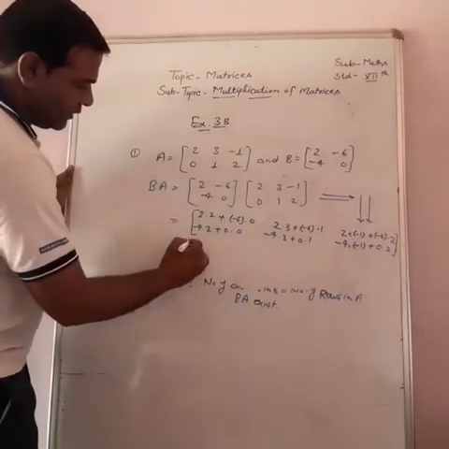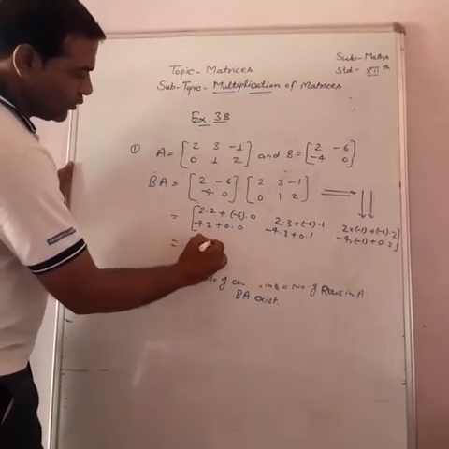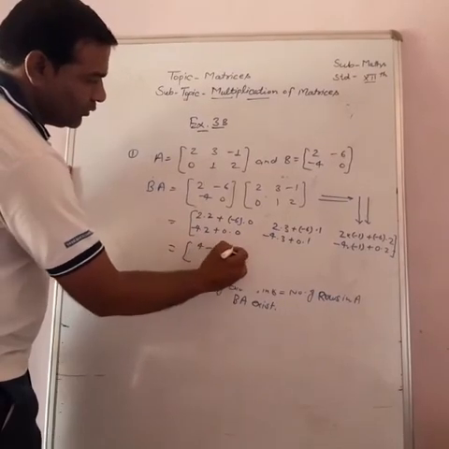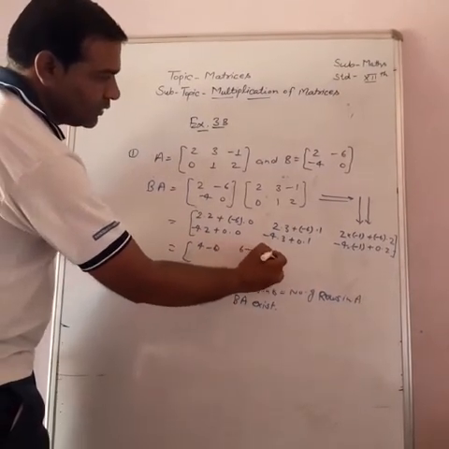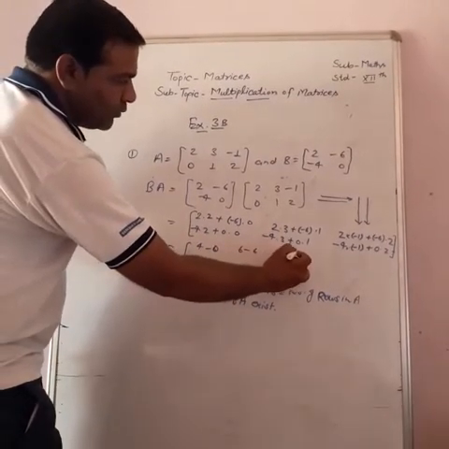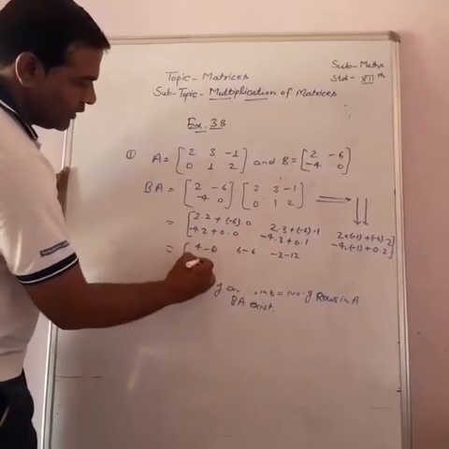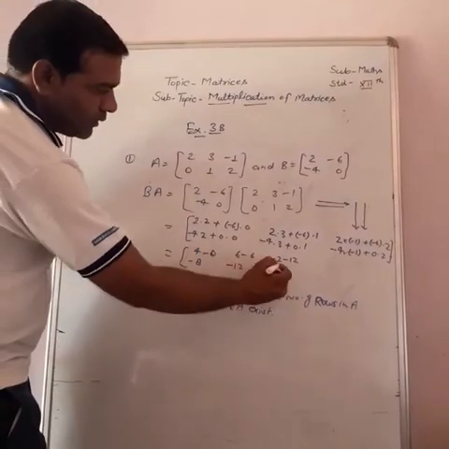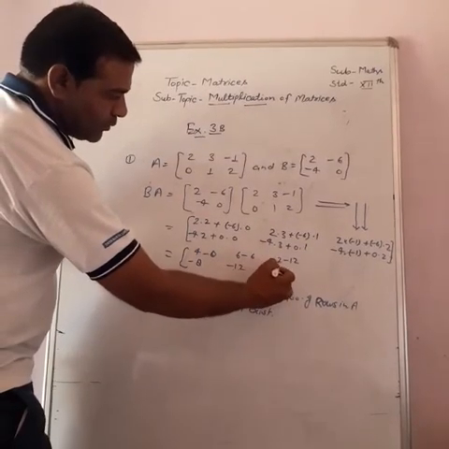So from here you will get 4 minus 0, 6 minus 6, -2 minus 12, -8, -12, plus 4.